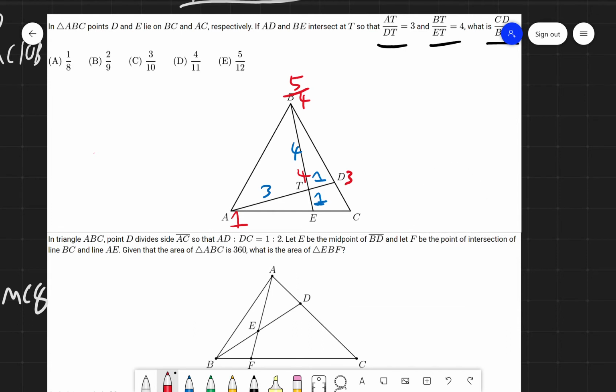We don't actually have to find E. We want to know B, D, and C, so we can find C right away. 3 is 15/3. Wait, did I do this right?